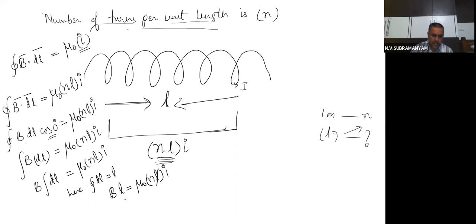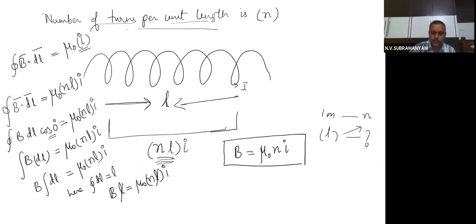Okay, L cancels. Then what am I left with? B is equal to mu naught NI. This is the expression for magnetic field at an inside point, and at an outside point, anyhow, the magnetic field is 0.